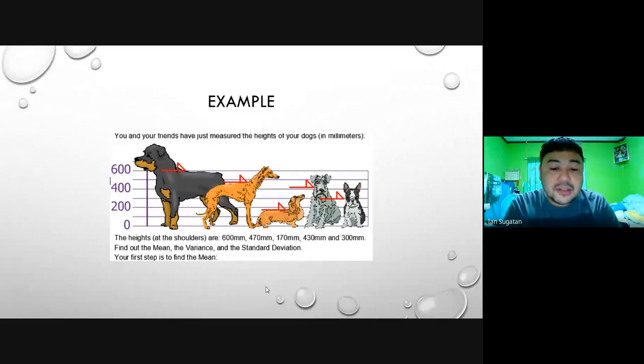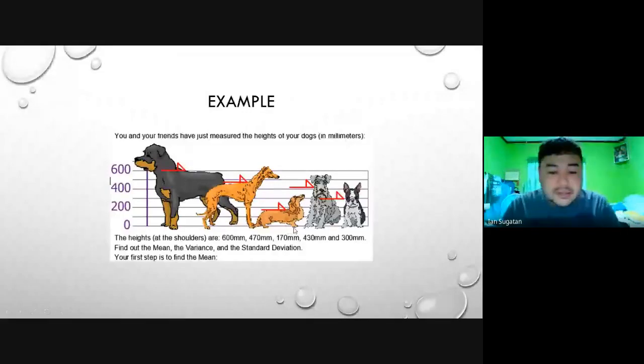So we have 600 millimeters, the first one. Then the second one is 470 millimeters. Next is 170 millimeters, a short dog. Then 430, and then 300. So we have 1, 2, 3, 4, 5 dogs. Find out the mean, the variance, and the standard deviation.